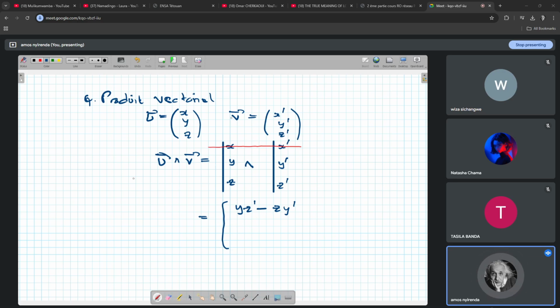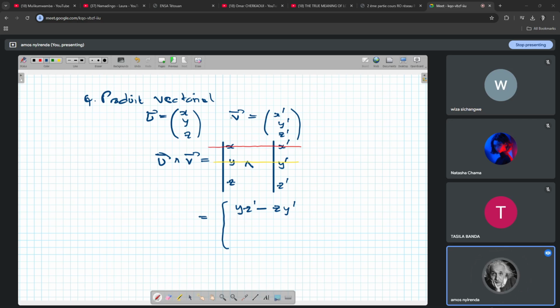To find the Y component, I'm basically going to get rid of this second line, like so, and then cross multiply the first and last lines. This is where you have to be very careful.